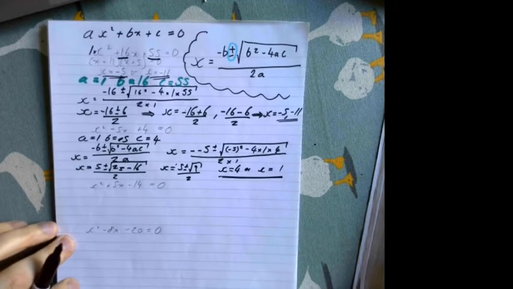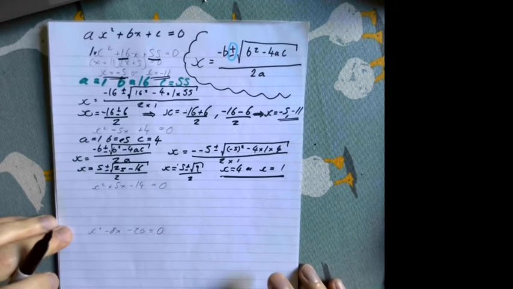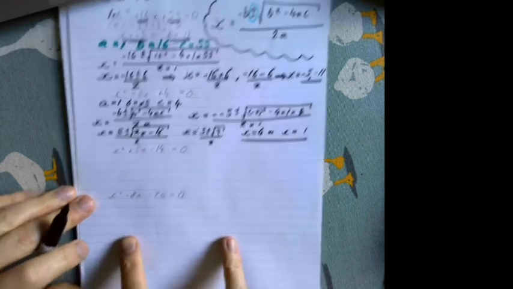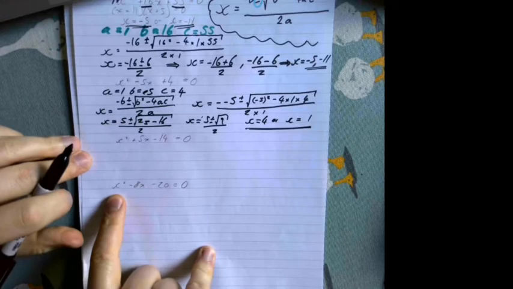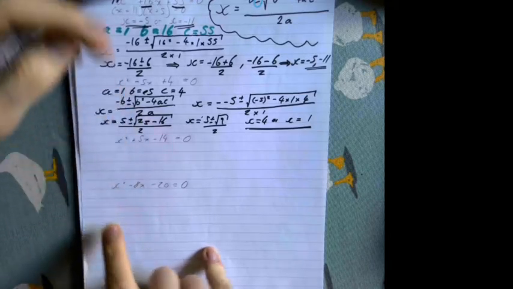If we just finish with a slightly more difficult example here, we've got at the bottom x squared minus 8x minus 20. I'm actually going to modify this question a little bit and make it 3x squared.